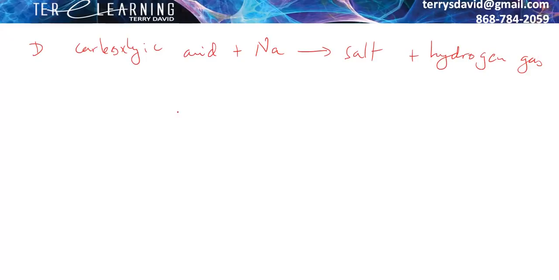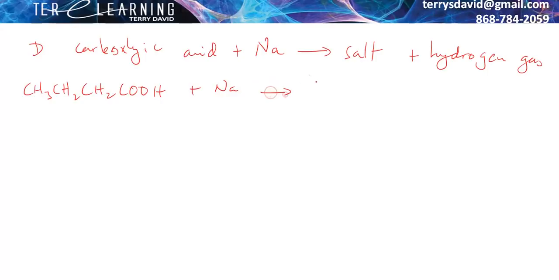Now they said write a balanced equation for the reaction between compound D and sodium metal. So compound D was CH3, CH2, CH2, COOH plus sodium metal.